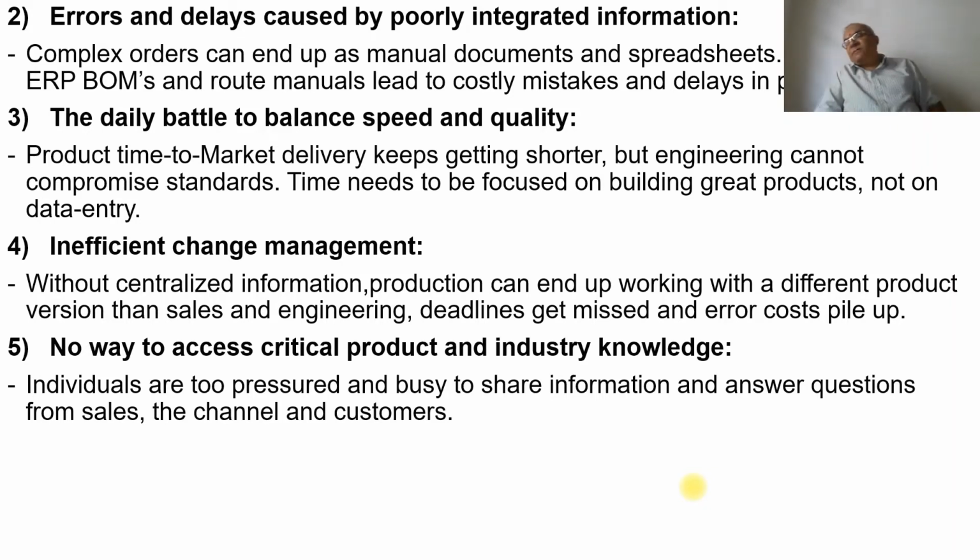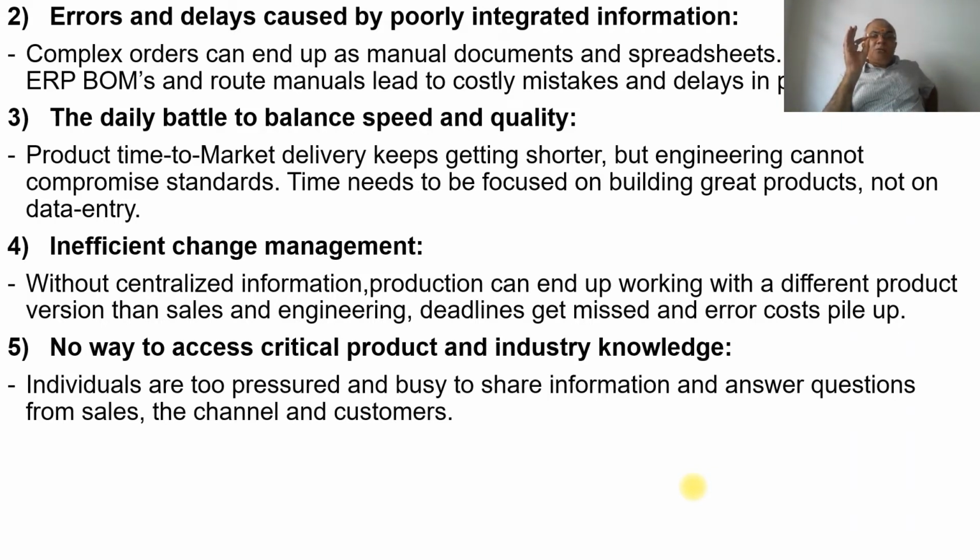So that means whenever changes have to be made, if you are working with manual documents and spreadsheets, there will be a lot of errors. Once the error is there, they are converting into ERP bills of materials, and route manuals, which lead to costly mistakes and delays in project start.